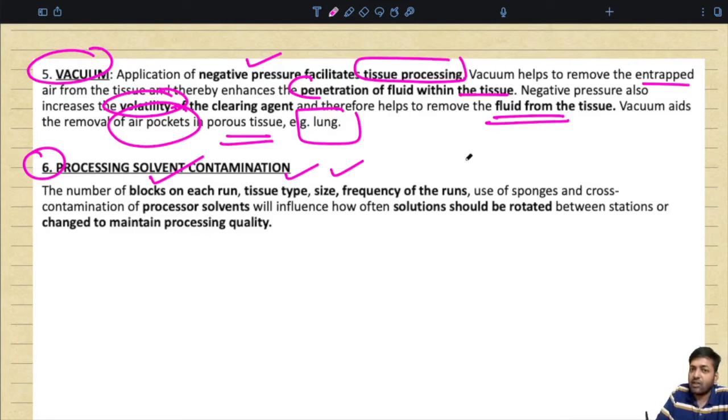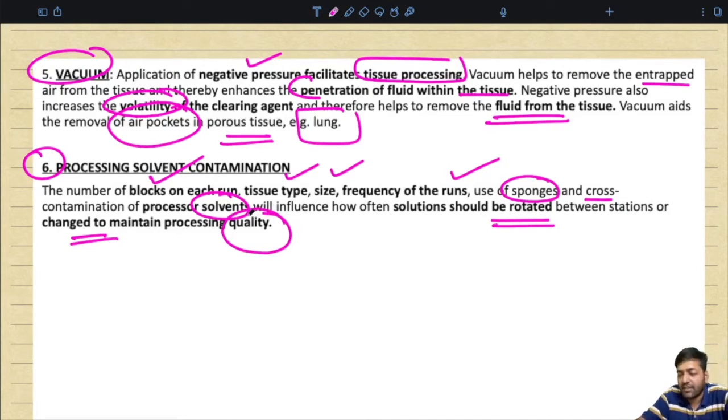Even the size of the tissue, even the frequency of the run, how many times you are doing the runs. Using sponges and cross contamination of processor solvents will influence how often the solutions should be rotated between the stations or changed to maintain processing quality. So this is also another factor which is basically affecting the tissue processing.